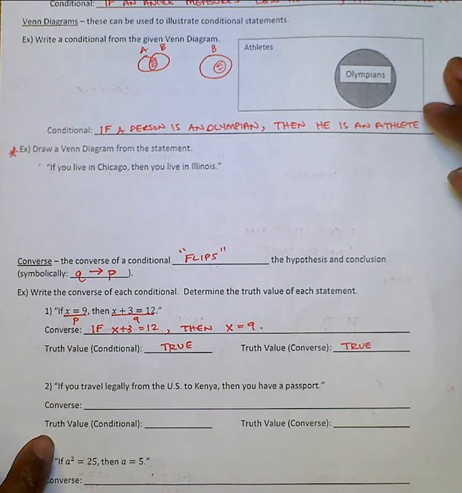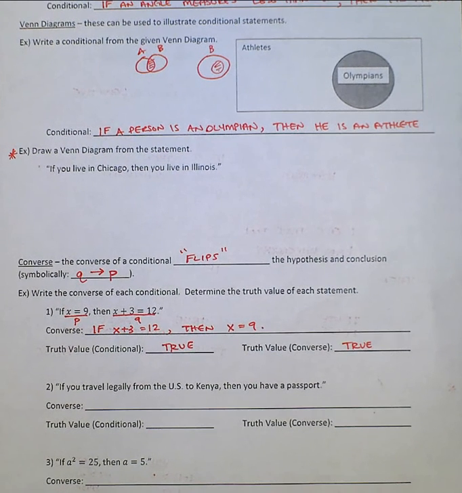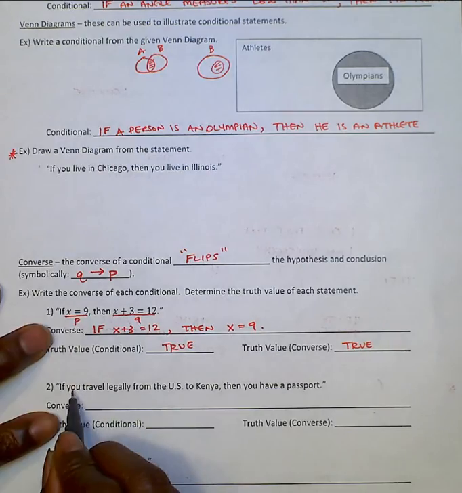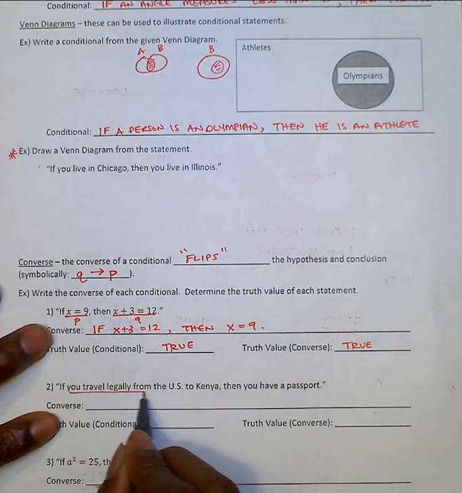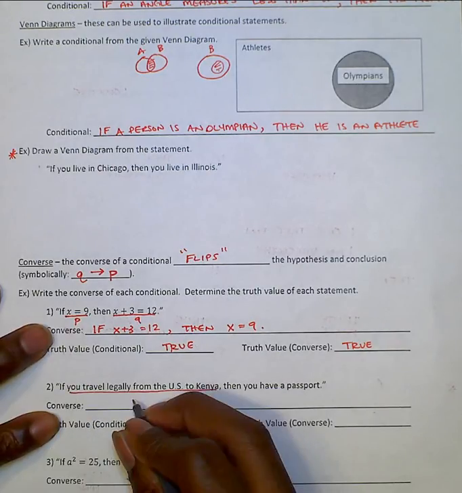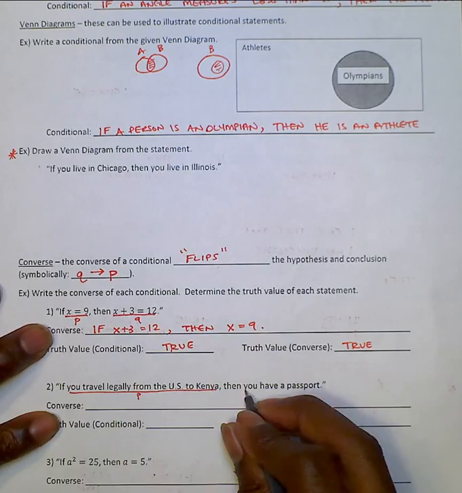Alright, we'll try this next one. It says, if you travel legally from the U.S. to Kenya, then you have a passport. That's our conditional statement. Our hypothesis is you travel legally from U.S. to Kenya. Our conclusion is you have a passport.